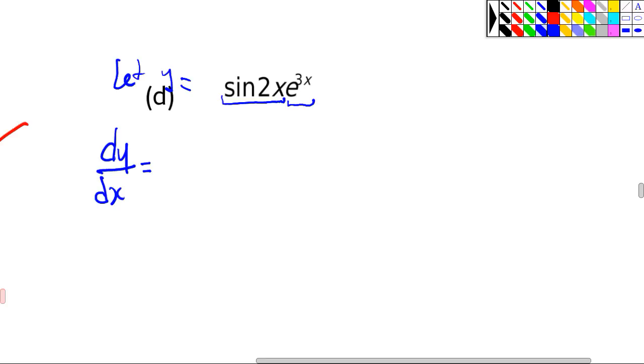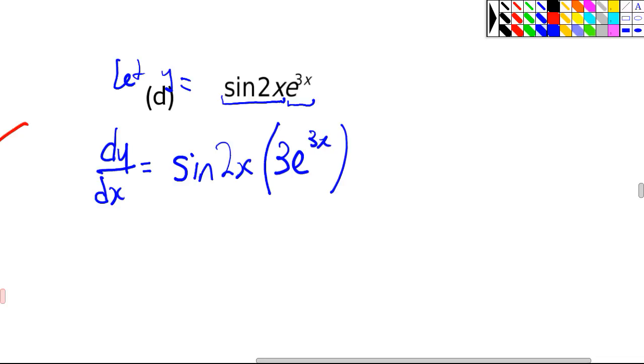Copy the first one means I will write sin 2x. Differentiate the second. What do I get? Bracket 3e^(3x). That makes sense. So I close. Then what do I do? Product rule. I plus. Now what do I do? Copy the second one, so e^(3x).